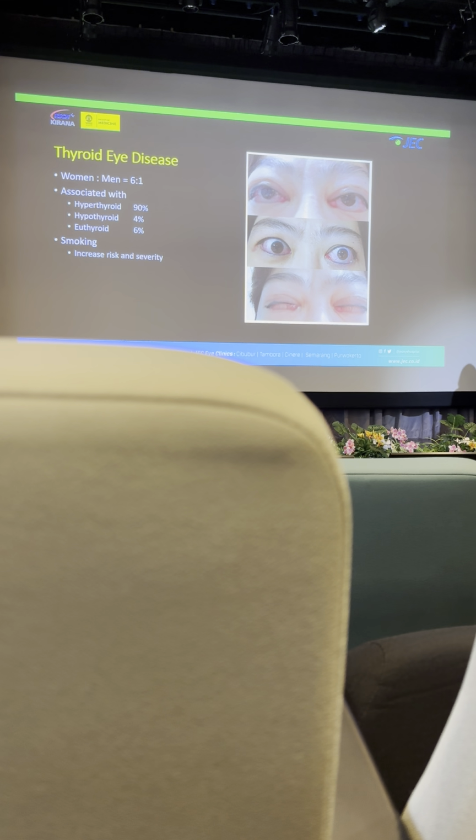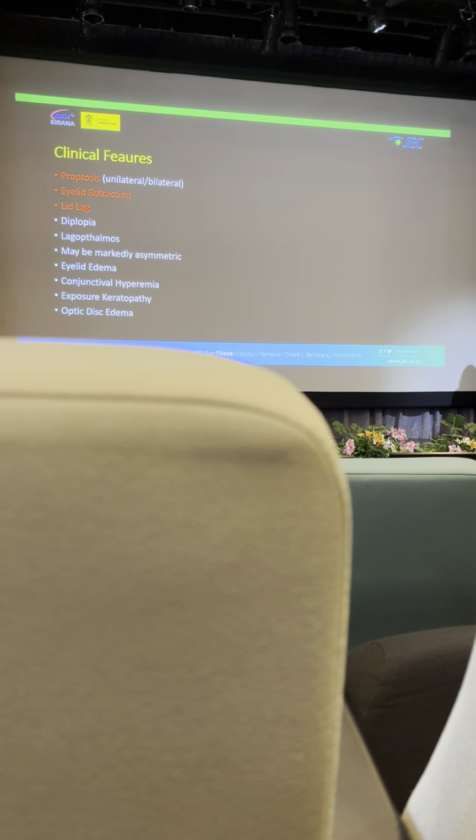Another differential diagnosis for an inflammation like this is thyroid disease, but we know thyroid disease is common with hormonal changes and is associated with hyperthyroidism and smoking. Even yesterday we saw that not all patients with a smoking history got Graves orbitopathy.